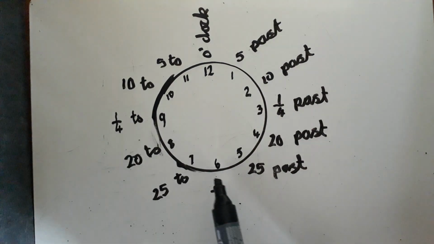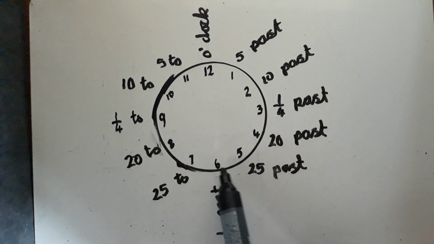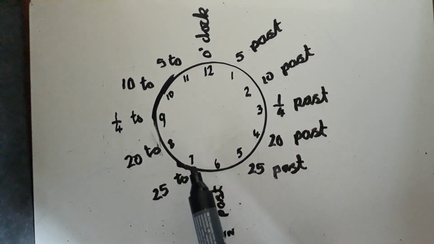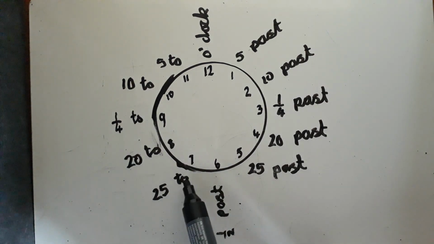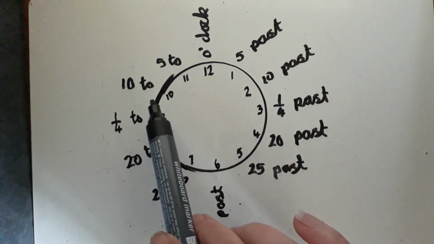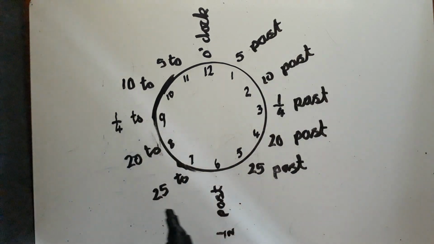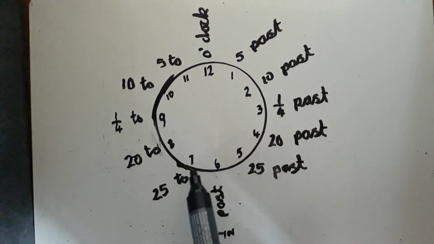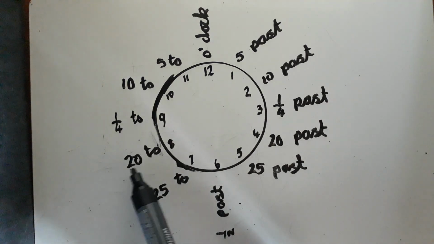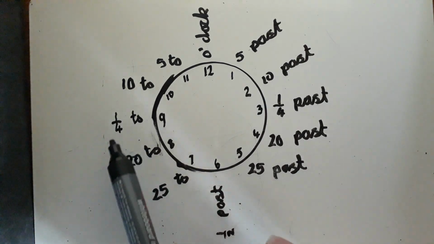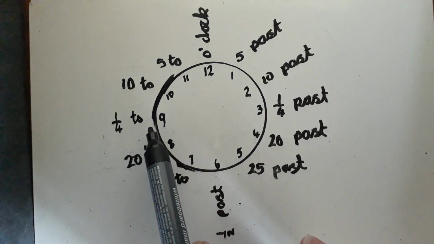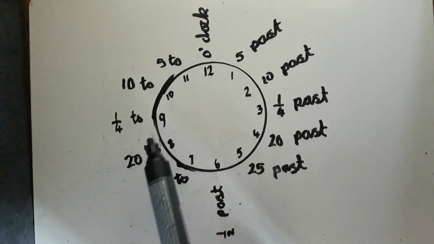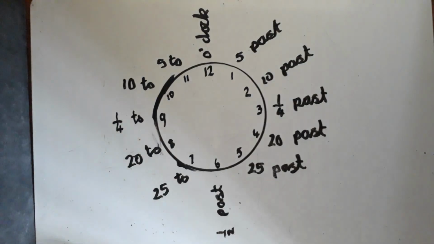And once we've gone over halfway, we then change by saying the hour we are going to. So if we're around here and we tell the time, we would be looking towards what hour it's going to be. Okay, right, next step.